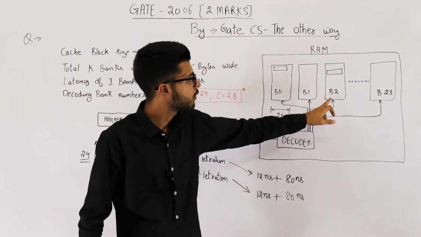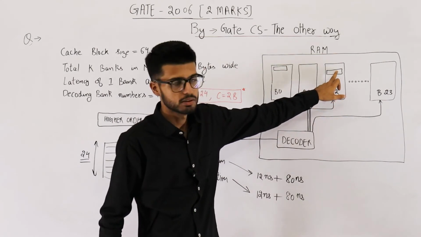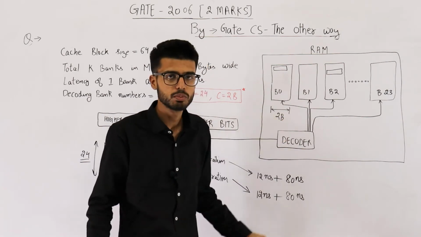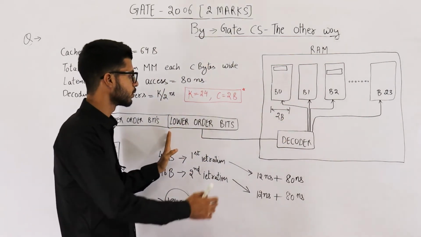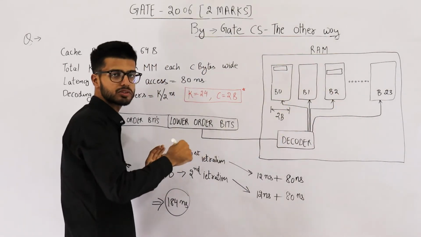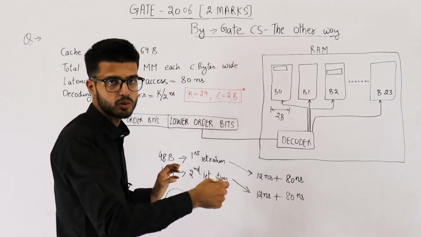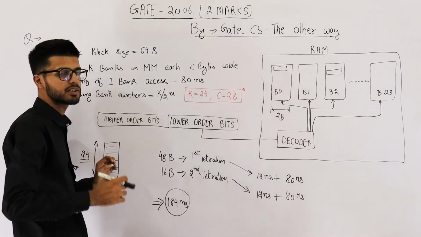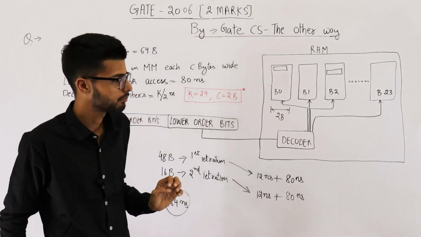Say you are talking about bank 2, 7th address. Each address contains 2 bytes. So these lower order bits will be 0, 0, 0, 0, and so on, 1, 0, which is equivalent to 2 in decimal. And these higher order bits will be 7 in decimal.